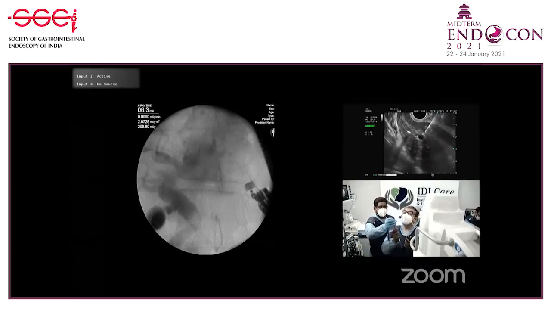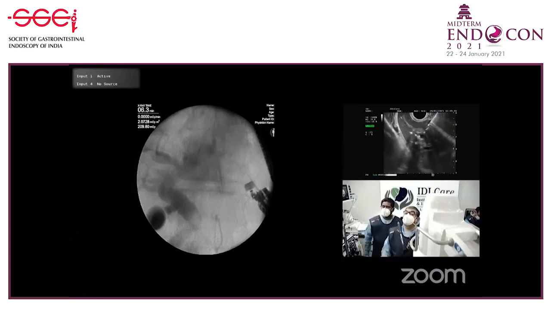We know that can happen because there is a lot of movement, and so if the wire doesn't go quickly, I'll try to puncture again and see.